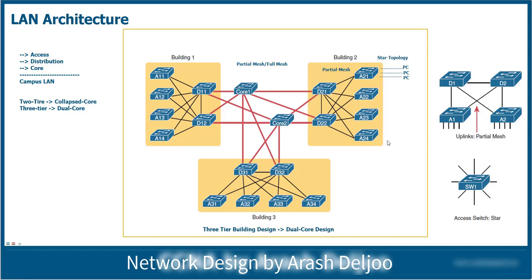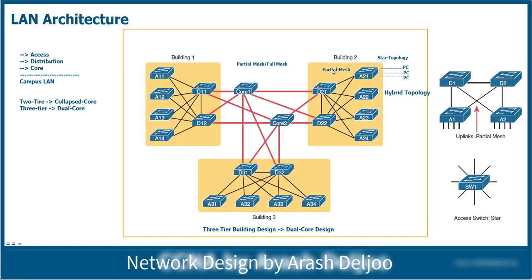Maybe in the access layer switch, you think that on one side we are using a star topology, and on another side the partial mesh topology. Because of that, in some references we can see the term hybrid topology. This means that the access layer switch is working in hybrid topology. The distribution layer switch may use, for example, partial or full mesh topology on the side of the core switch, and the partial mesh on the side of the access layer switch.